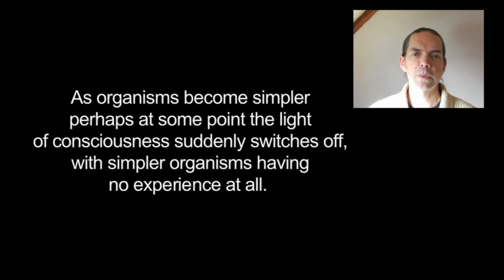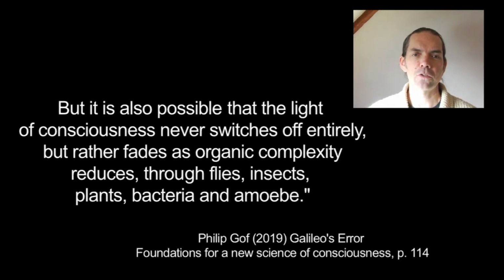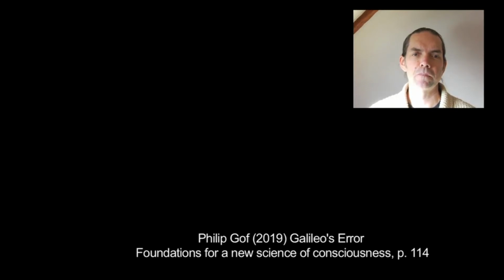As organisms become simpler, perhaps at some point the light of consciousness suddenly switches off, with simpler organisms having no experience at all. But it is also possible that the light of consciousness never switches off entirely, but rather fades as organic complexity reduces, through flies, insects, plants, bacteria and amoebae.